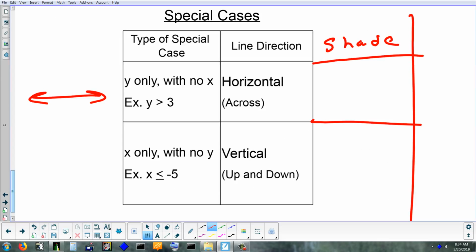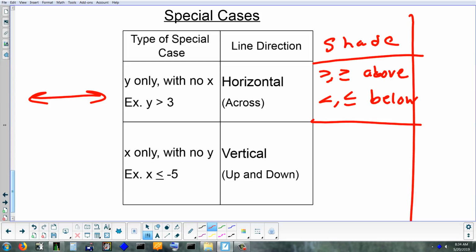When you have a horizontal line, is there a part that's above and a part that's below? Yeah. All right. So shading is the same. Greater than or equal to, above. Less than or equal to, below.